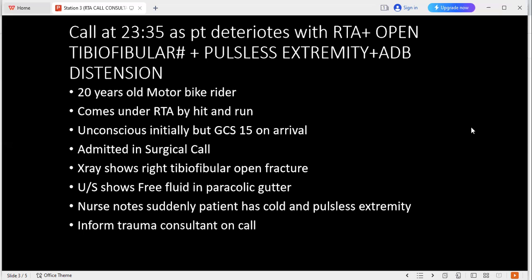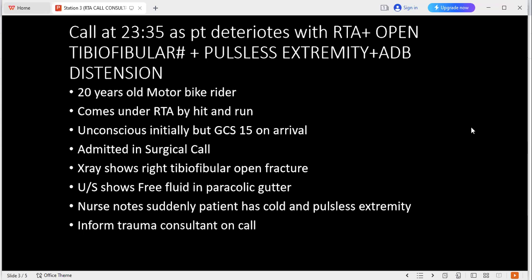I have a patient, 20-year-old, presented to the A&E after an RTA. On examination, there is an open fracture of his left leg, and his GCS is 15 with a transient history of unconsciousness. And there is distension in his abdomen.